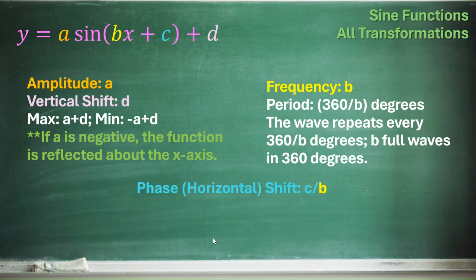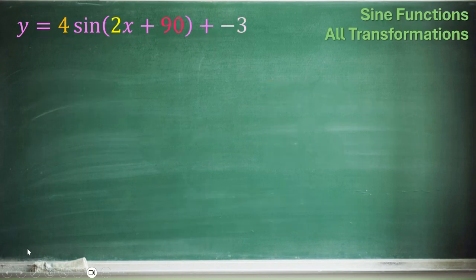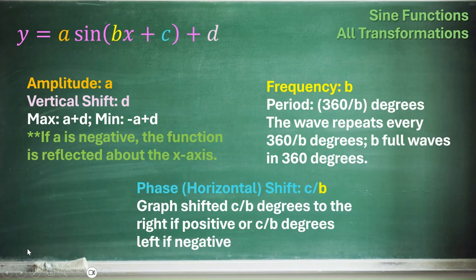Finally, we have our phase shift. So our phase shift often is represented by the variable C, so it's the one in blue, but it is influenced also by the frequency, because that Bx plus C term means that the B has been distributed into the C. So the way we find the phase shift is by saying that the graph is shifted C divided by B degrees to the right if it's positive, and C divided by B degrees to the left if it's negative.